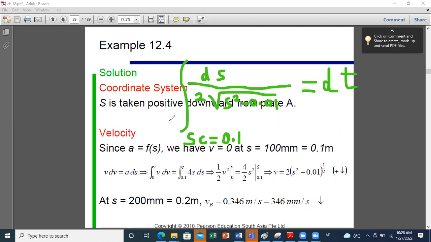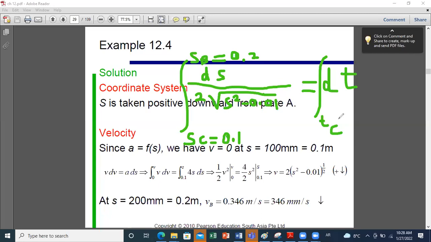I can directly use my calculator and calculate this integral between point C and point B. So I put this equation on my calculator. It will give me directly the value of the integral from 0.1 to 0.2 of this function. And from the other side, this will give me the integral between TC and TB.